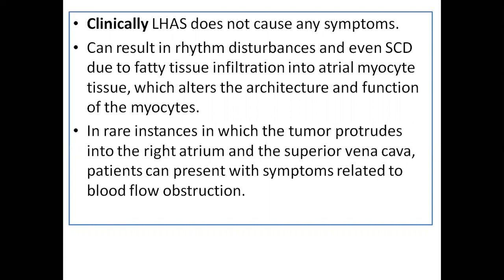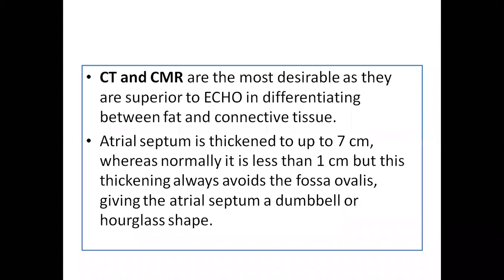In rare instances in which the tumor protrudes into the right atrium and SVC, patients will present with symptoms related to blood flow obstruction. CT and MRI are the most desirable as they are superior to echo in differentiating fat from other connective tissues.